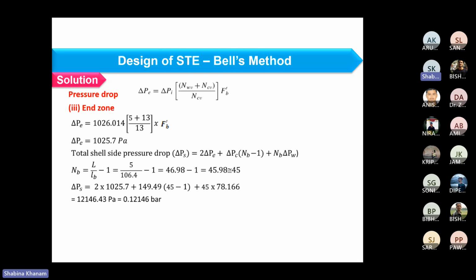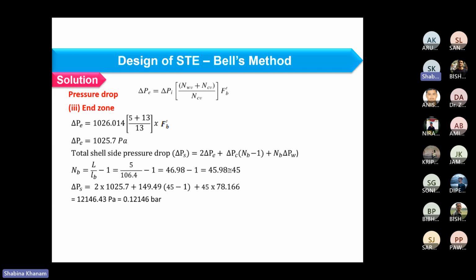We have discussed two different methods, Kern's method and Bell's method. And if you remember, Bell's method limitation is it does not count stream F, which is the pass partition plate stream. If we count that, we have another method that we call the stream analysis method. That stream analysis method is given in R.W. Sinnott's book, not in volume 6.